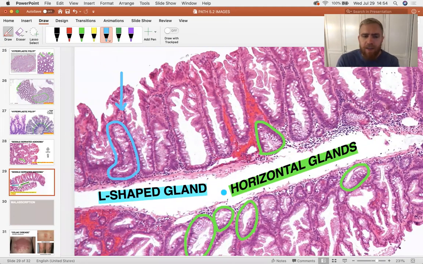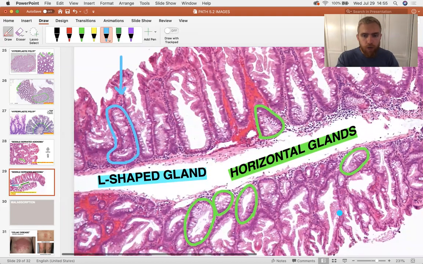What that indicates, again, is that the basal or the floor part of that gland has a branching structure to it. And this can manifest as glands that appear to be lined horizontally or projecting into and out of the screen whenever you're looking at histology.